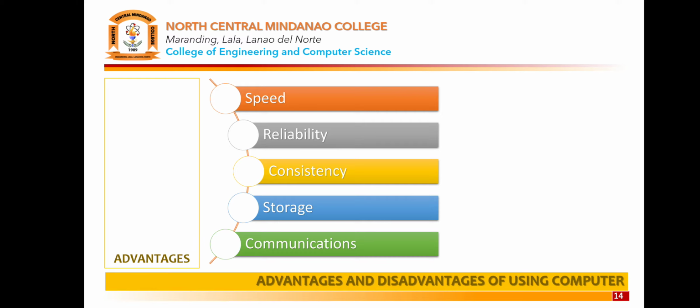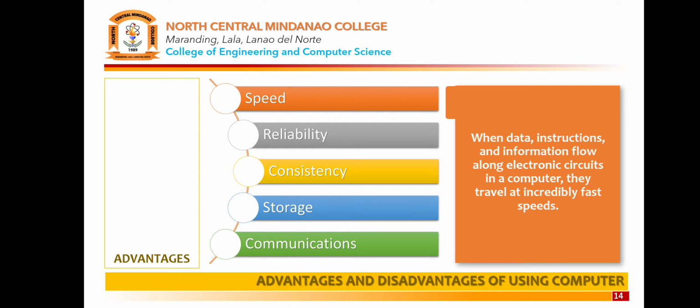The first one is speed. When we say speed, that is when data, instructions, and information flow along electronic circuits in a computer. They travel at incredibly fast speed. So, many computers now, especially today, can process billions or trillions of operations in a single second.